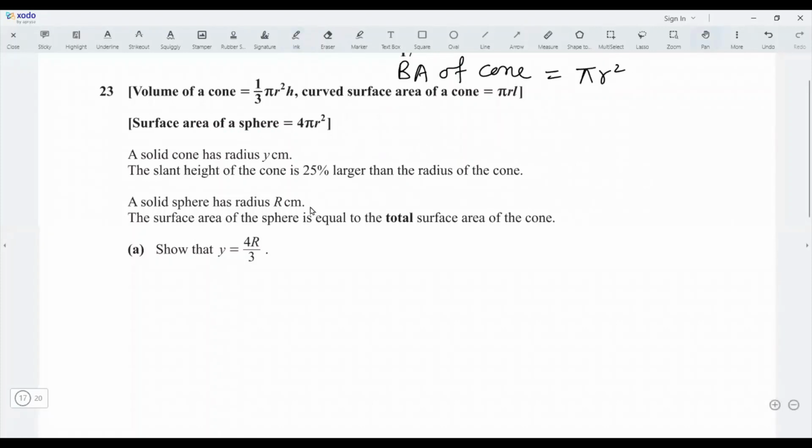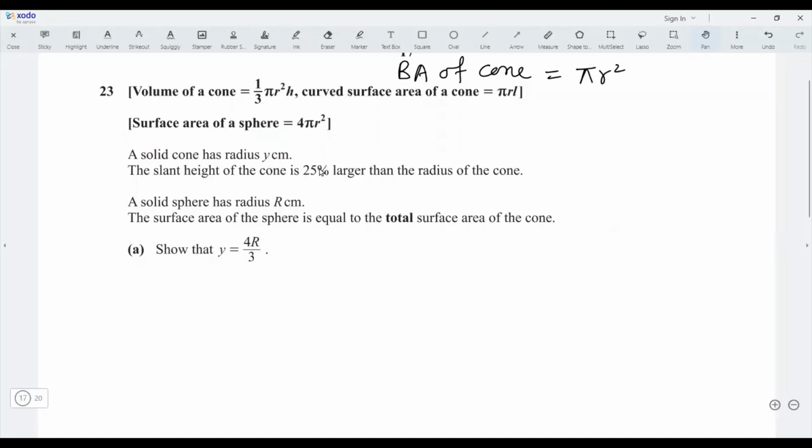So now coming to the question, the statements told in the question: a solid cone has a radius y centimeters. The slant height of the cone is 25% larger than the radius of the cone. What does this mean? 25% larger.